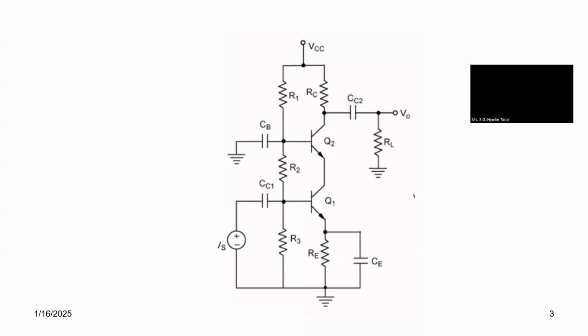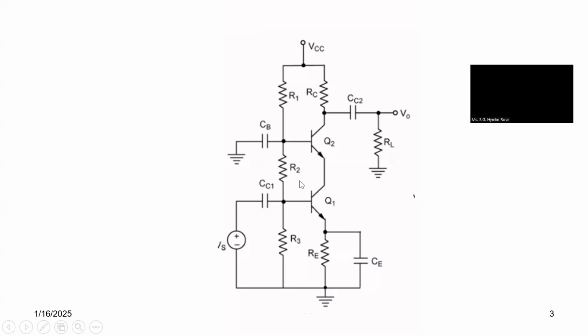So the base is given the input signal, and the bypass capacitors are CE and CB, CC1 is the coupling capacitor, and CC2 is the output side coupling capacitor. These resistors R1, R2, R3 form a divider for biasing.